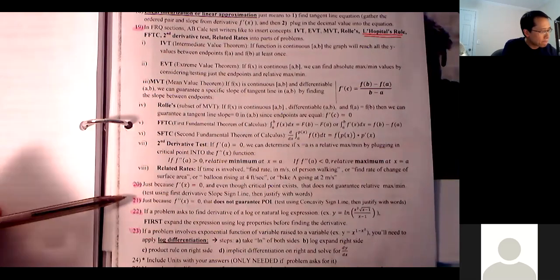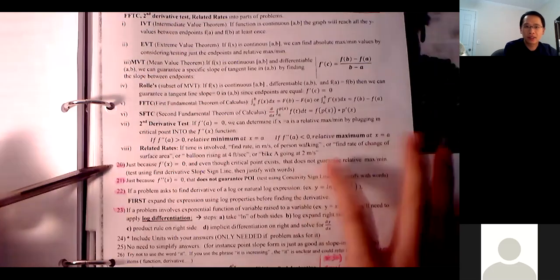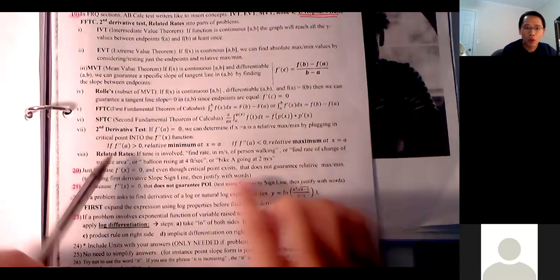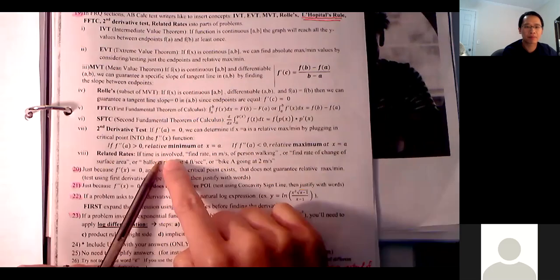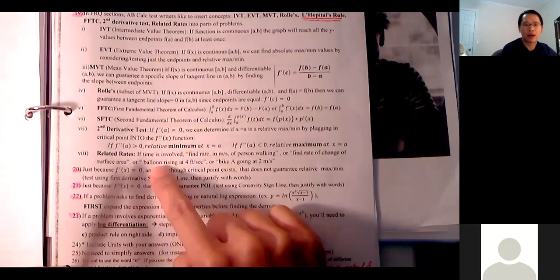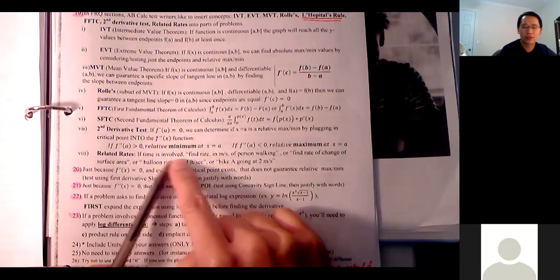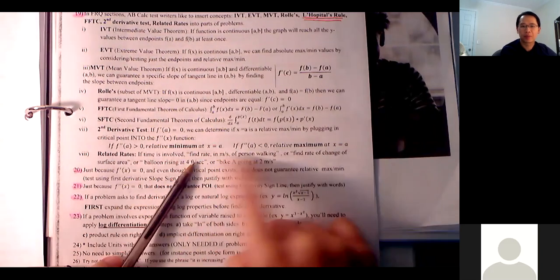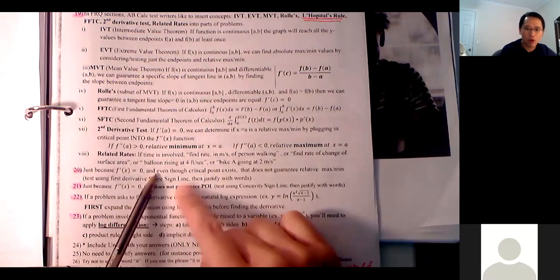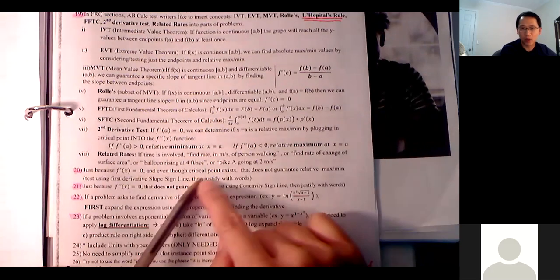All right, let's go to the next point here. Oh, related rates. I'm kind of backtracking here. I talked about this already, but if time is involved, here are more examples. Find the rate at which a person is walking, find the rate of change of the surface area, a balloon is rising at 4 feet per second, bike A is going at 2 meters per second.